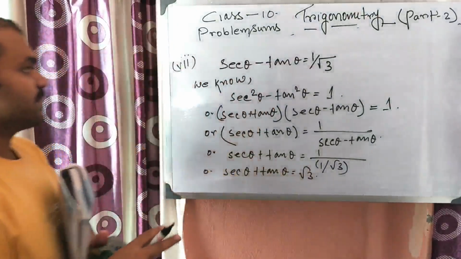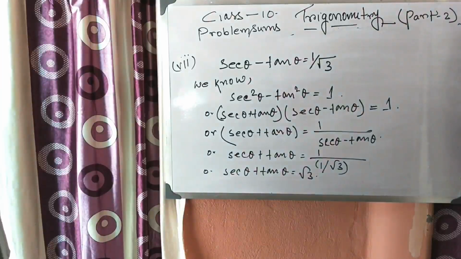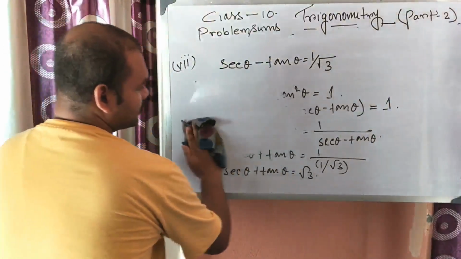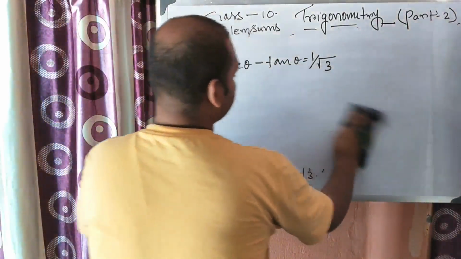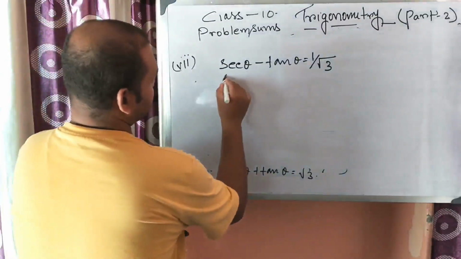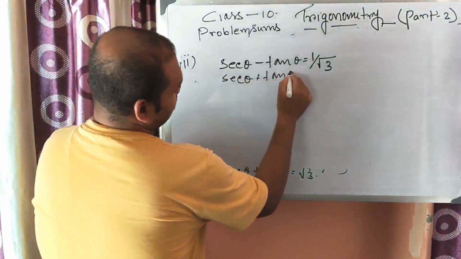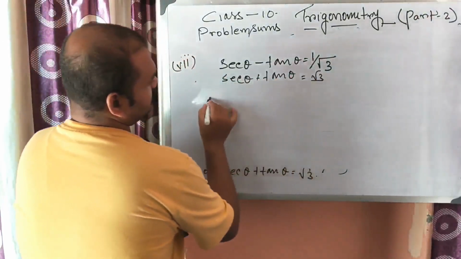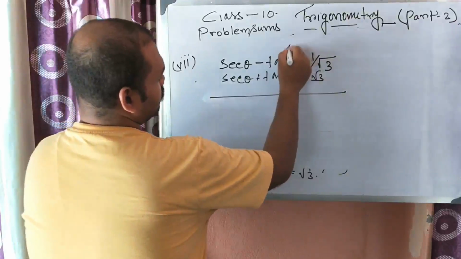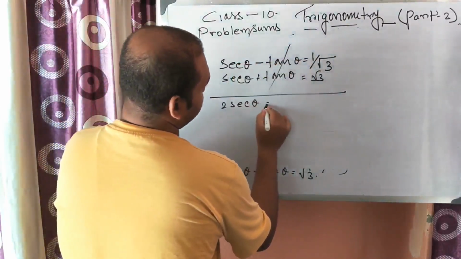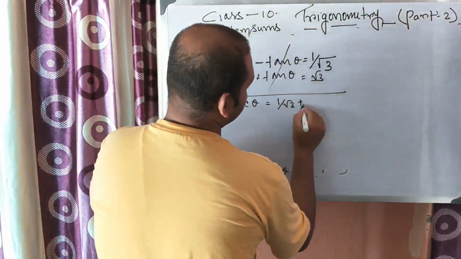Very easy. Next, what you need to do? You have one equation and you get another one. So write down this just below here: sec theta plus tan theta is equals to root 3. Now add these two. These cancel out. So 2 sec theta will be 1 by root 3 plus root 3.